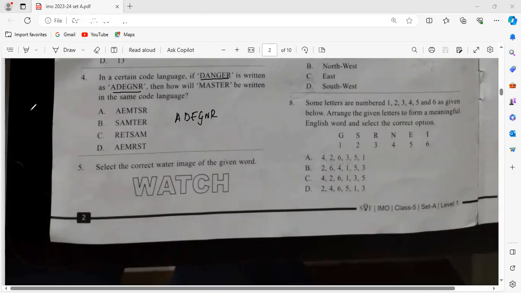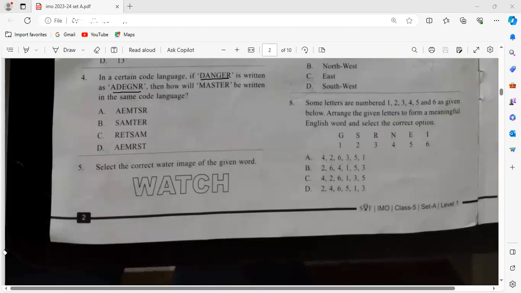So similarly for master, it has to be arranged in alphabetical order, which will be A, then you have an E, then you have an M, then S, T, R. So sorry, this will be M, N, O, P, Q, R, S, T. So my answer will be option D.